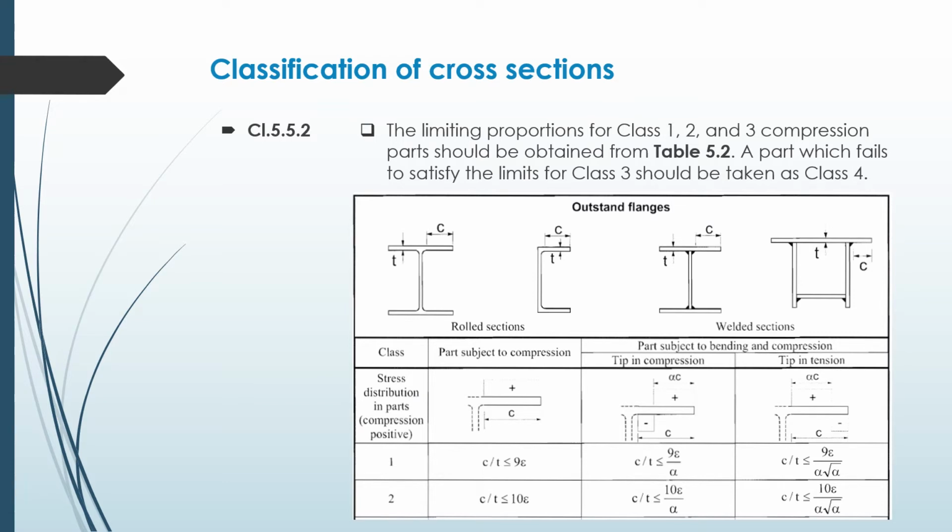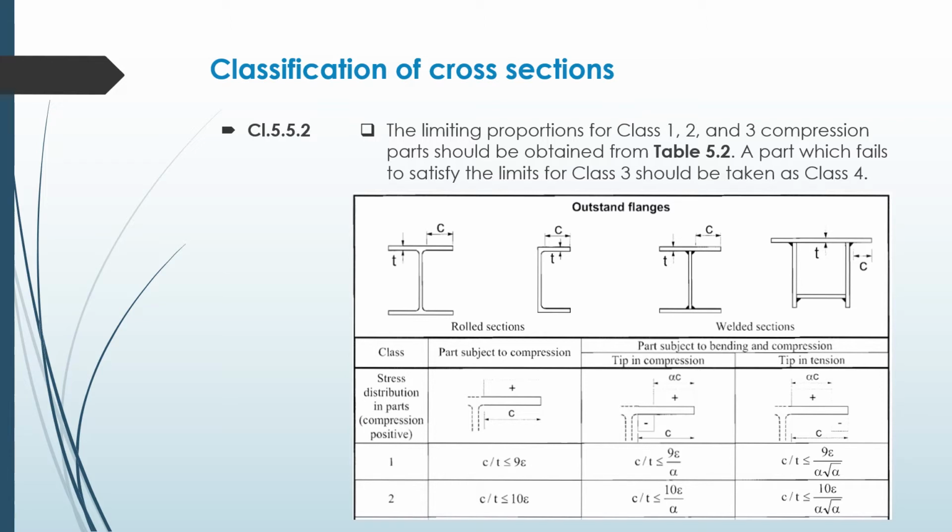So now the question is how to classify a cross-section. Clause 5.5.2 of the code provides the limiting proportions to help you identify a particular cross-section and classify it under 1, 2, 3 or 4. Please note that a cross-section is classified based on the classification assigned to its components, like the flange and the web.